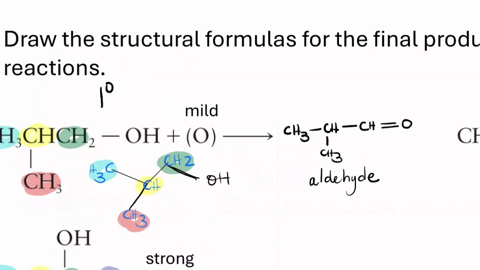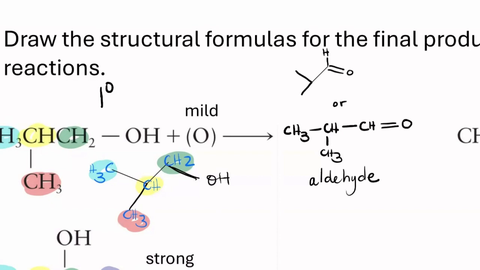What if I write it in skeletal form? I'm going to write it on top of the condensed structure that I just wrote. If I do that, then I write the two CH3s that are connected to the CH. Then this CH2 will have a double bond to oxygen and will be connected to hydrogen.